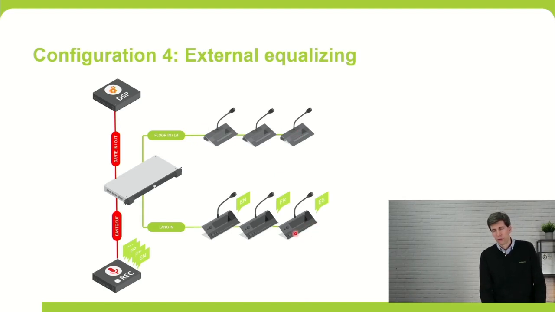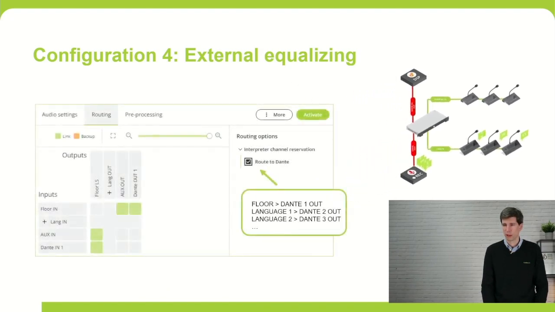But also here, if there is interpretation available, you can route it on individual Dante channels just by clicking the small box. That's visualized in this slide here.